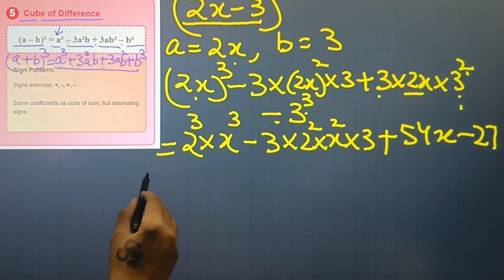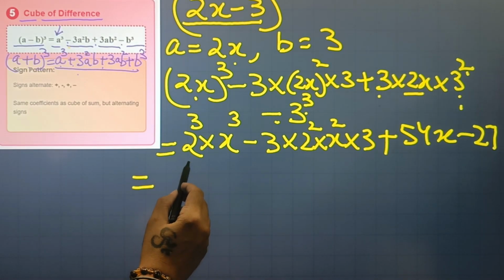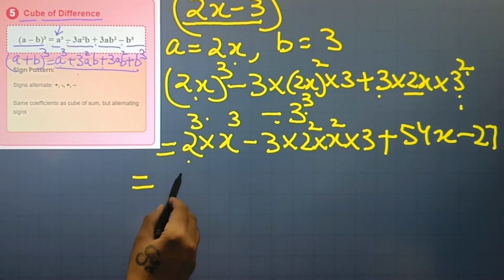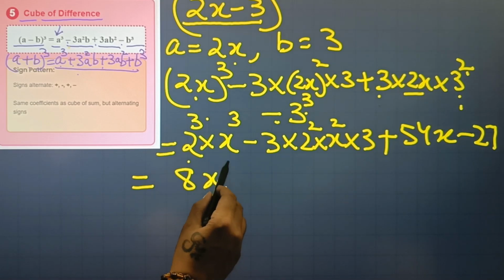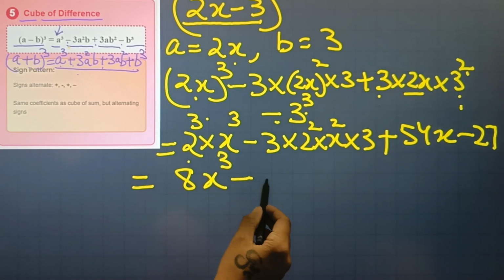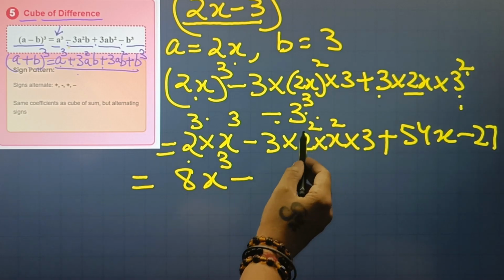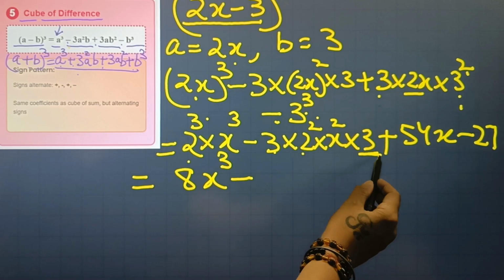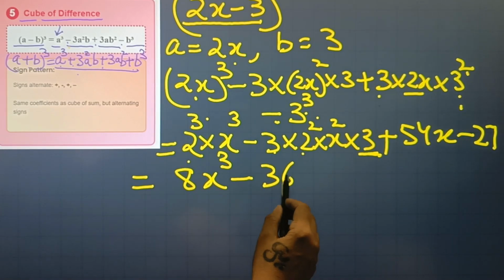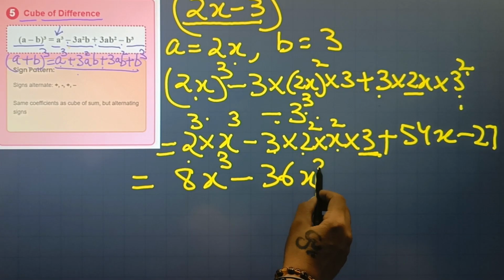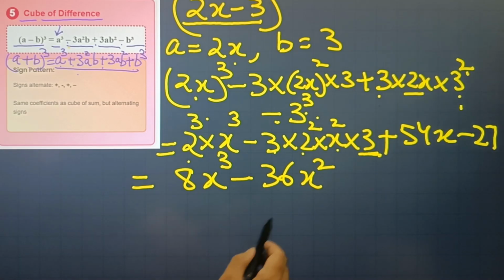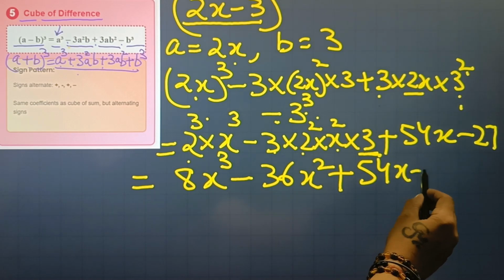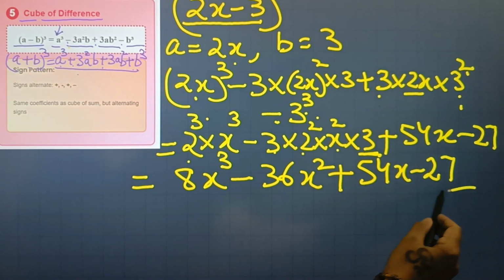Now let's simplify it further. This is 2 raised to the power 3, 2 twos are 4, 4 twos are 8. So 8 x raised to the power 3 minus, 4 into 3 is 12, and 12 multiplied by 3 is 36 x raised to the power 2, plus 54 x minus 27.